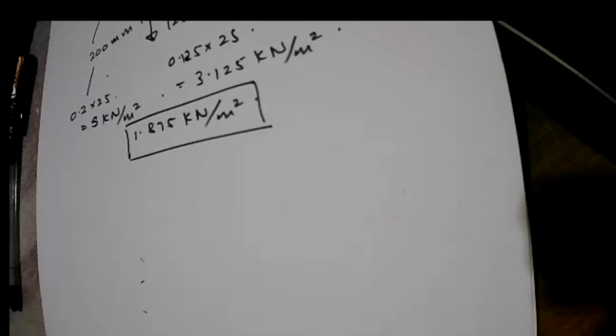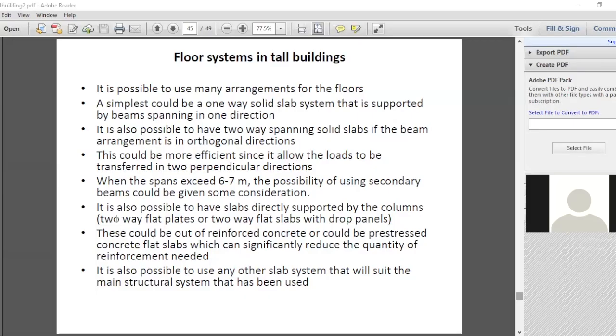So I'll share the screen now. In addition to that, this is the basic system where we have beams and slabs. We can also have flat slabs or two-way spanning slabs. And in the case of flat slabs, we can again have two variations.